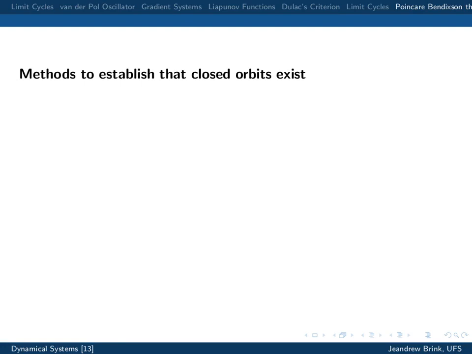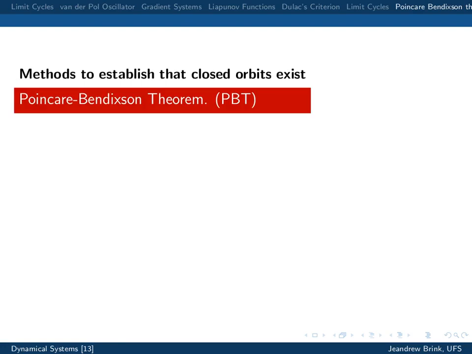You'll be using this a lot because it gives you the criterion for proving that there's a limit cycle in a certain region. Poincare, the 3-body problem, the guy that first proved that chaos existed, it's named after him. So this theorem is very old.